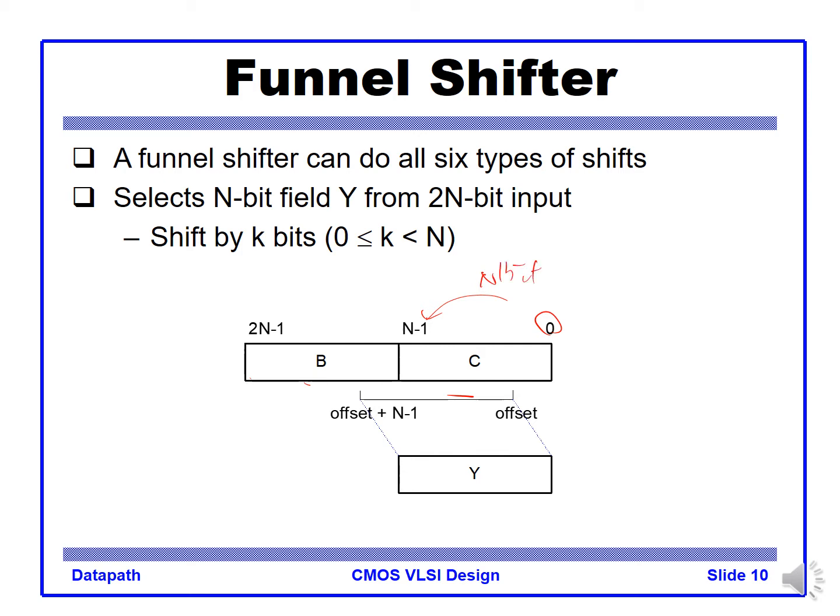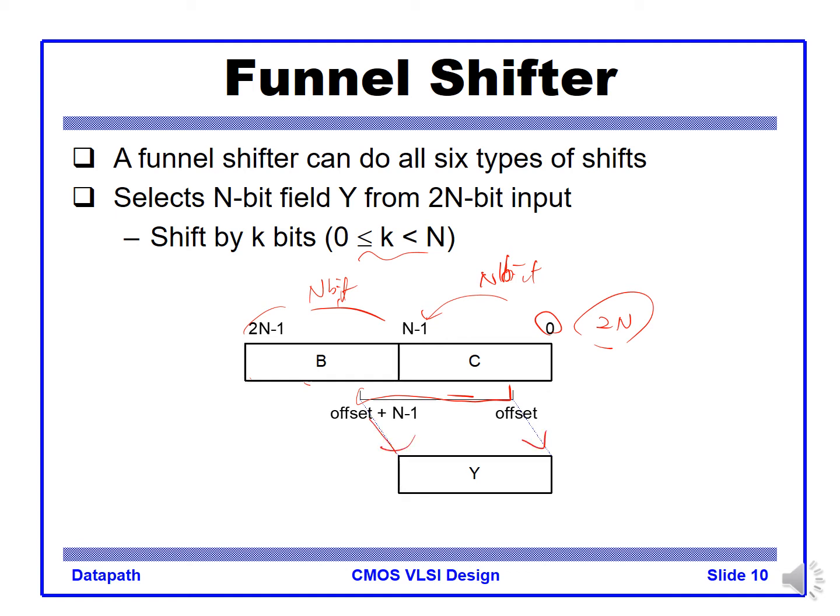So another N bit is allocated, so a total of 2N bits is prepared, and by having different selection bits or shift bits, we select N bits out of this special 2N bit arrangement. We can select a range of the portion and send it to the output.